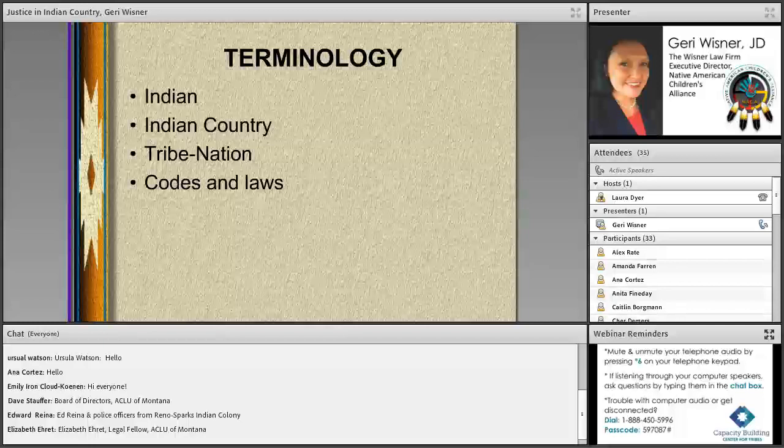Indian country is also named and enumerated through various federal codes. We'll talk about them because there are differences, just as there are differences on who's Indian, what's Indian. So we'll get into that a little bit further. But when I say Indian country, there is designated land that did or does belong to federally recognized tribes.